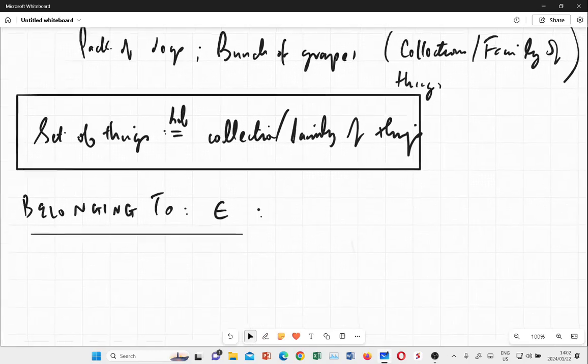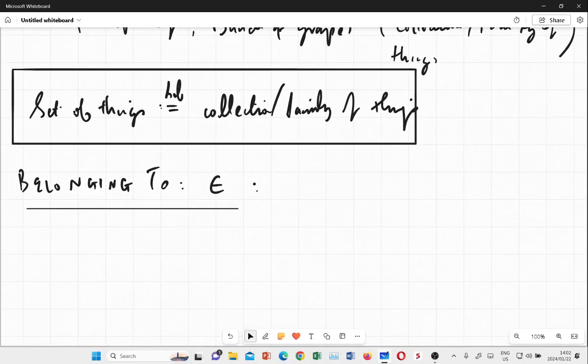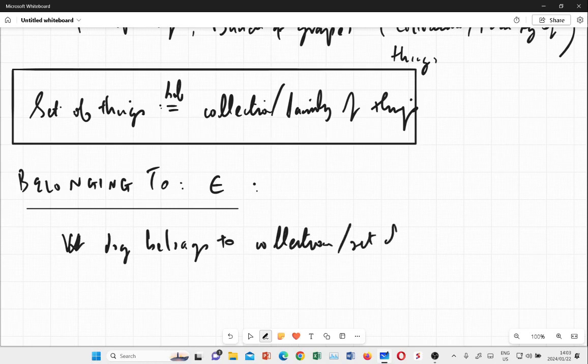For example, we say that a dog belongs to the collection of dogs, or the set of dogs. This is just saying the same thing from the point of view of the thing.